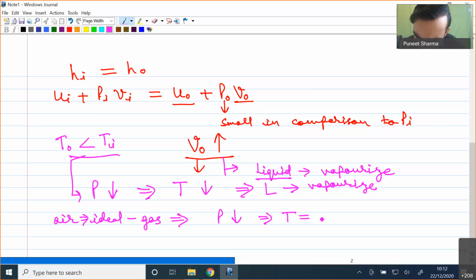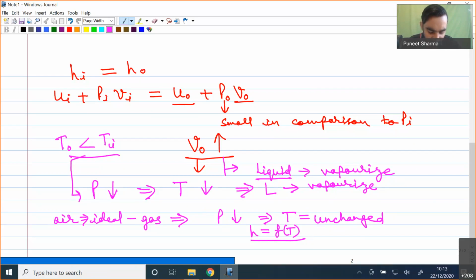We already know that for ideal gases, enthalpy is nothing but a function of temperature. So if enthalpy is not changing, it means temperature will also not change.